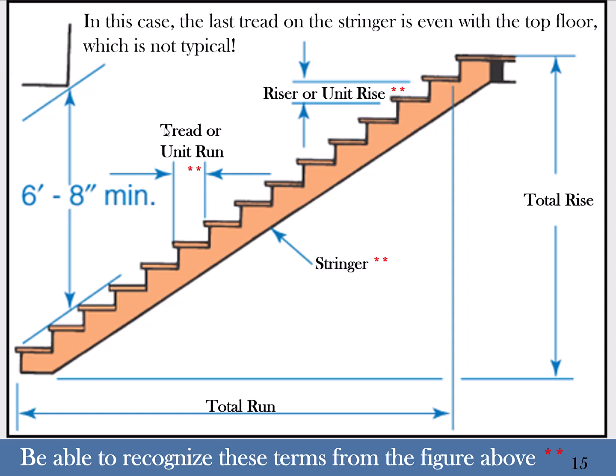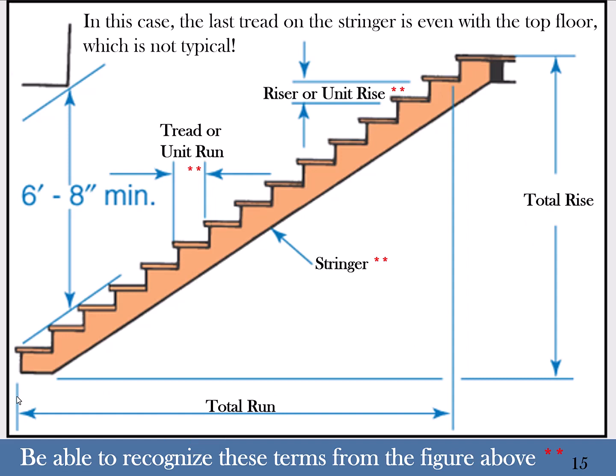We've got the risers and treads, 7 inches and 11 inches in a perfect world. And then the other dimensions on this page, you've got the total rise from one finished floor to the other. That's maybe the first thing you always start with when you're doing stair calculations, finding that total rise number. The total run sometimes is important for you to figure out if you have enough room for your stairs.